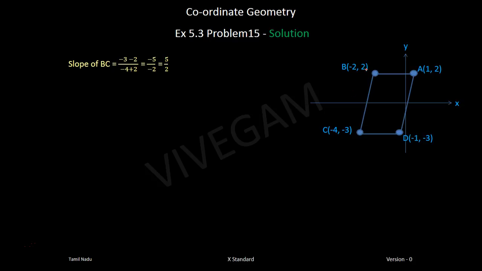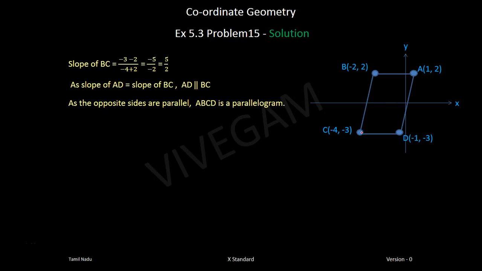So 3 minus 2 divided by -4 minus of -2, that will become plus 2. So that is 1 divided by -2. Slope of AD is the same as slope of BC, which means AD is parallel to BC.